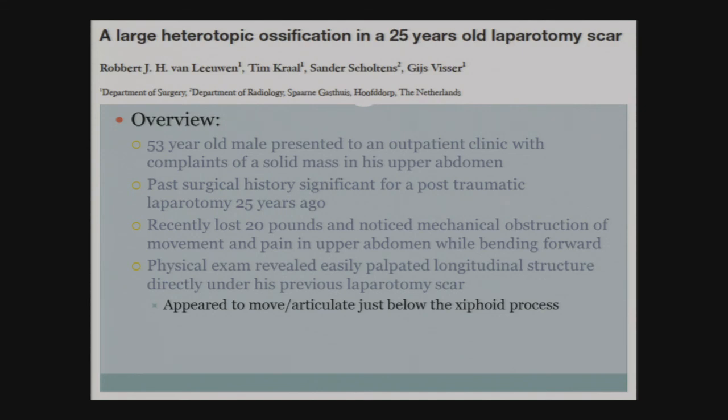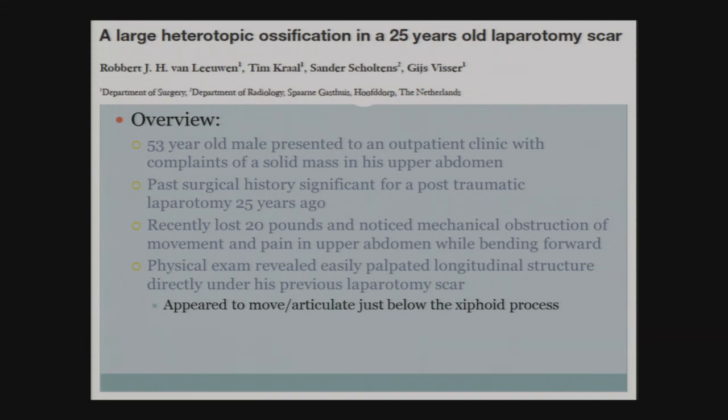The last case report that I found, and the most recently published, in 2020, was out of the Netherlands. They had a 53-year-old patient presented to an outpatient clinic with complaints of a solid mass in his upper abdomen. He had a past surgical history of a post-traumatic laparotomy 25 years ago.